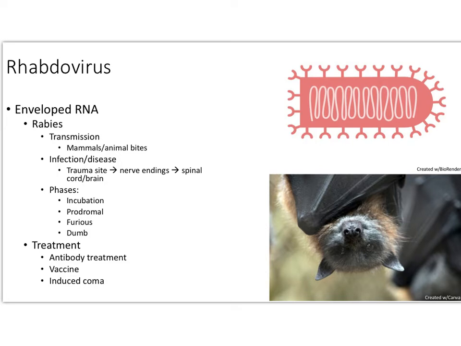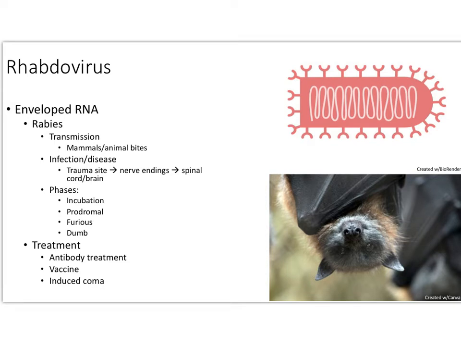This doesn't always work to help someone survive this disease, but they have had some success with it. And there are a handful of people now who have survived a rabies infection that has made it to the furious stage by using this induced coma method to let the body rest as the viral infection takes place and gets cleared out and the person can recover.